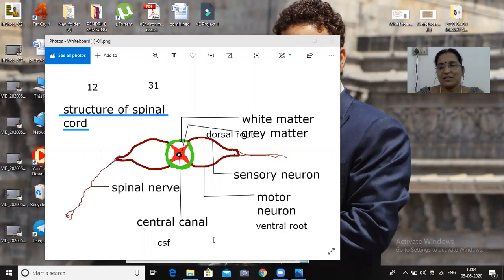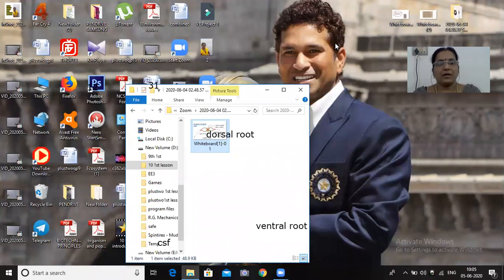Then the second one is to coordinate muscular activities during walking, running, etc. So that's all about the structure of spinal cord and the function of the parts of spinal cord. Spinal cord and brain are the important parts of central nervous system.